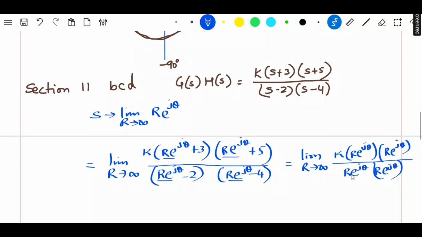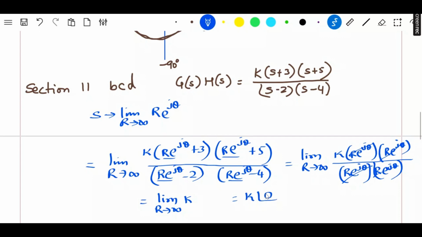If you see here, all these are getting cancelled. So therefore, I am going to get only the parameter limit r tends to infinity k. So this can be written as k, because r tends to infinity cannot be applied. I'll write k at an angle 0. K at an angle 0. Okay.